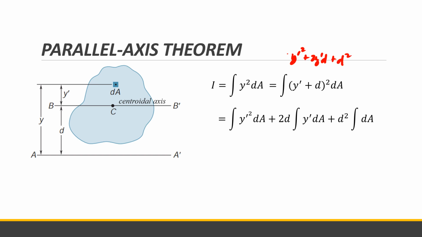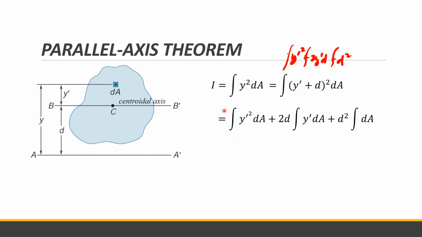We separate each term with an integral: the integral of y prime squared dA, plus 2d, which is constant so we take it out of the integral, 2d times the integral of y prime dA, plus d squared times the integral of dA.